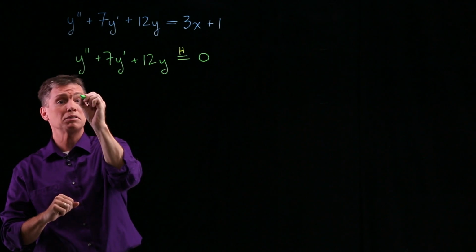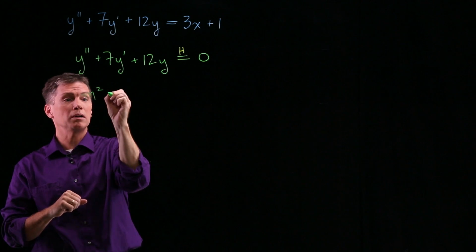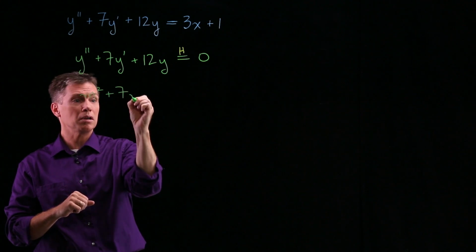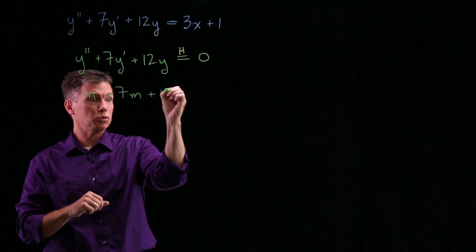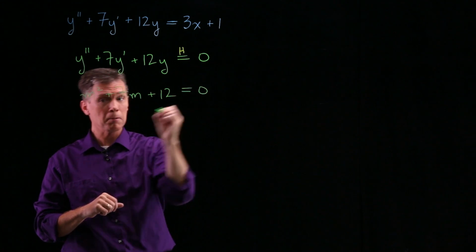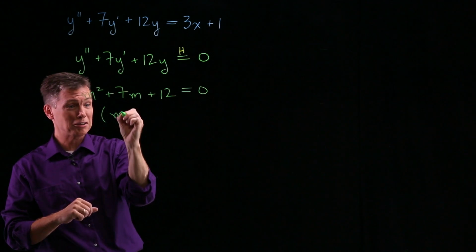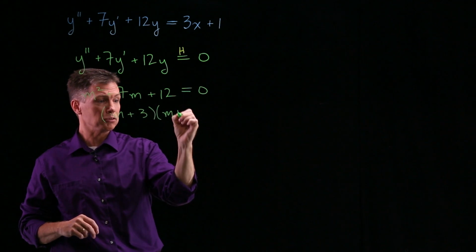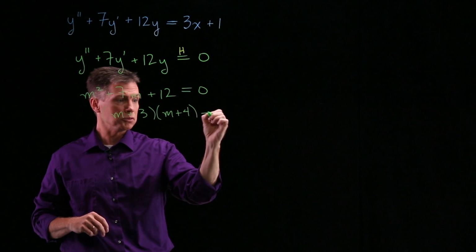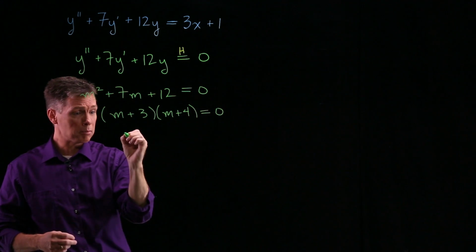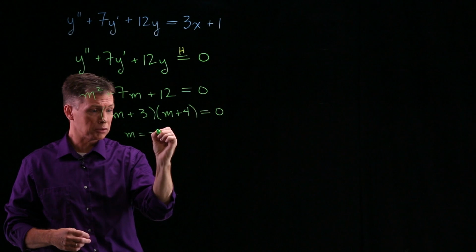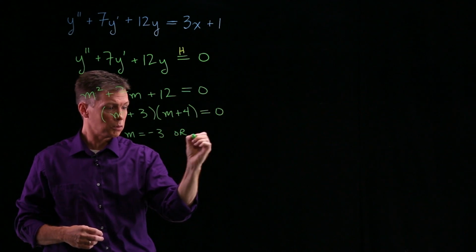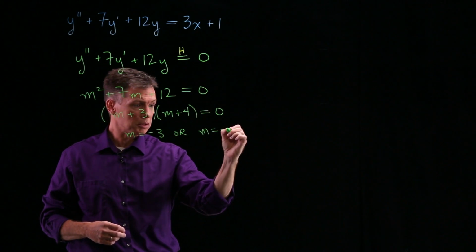So I'd be looking at m squared plus 7m plus 12 equals 0. This one actually does factor nicely. M plus 3, m plus 4 equals 0. And so we get m values of minus 3 or minus 4.